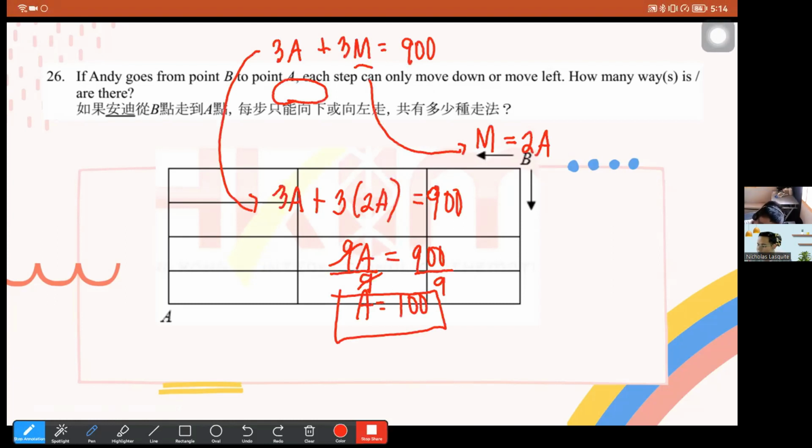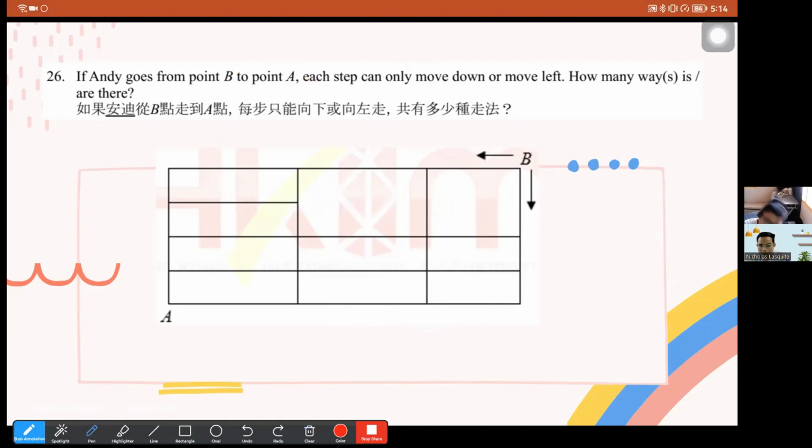So this would be simple because there can be one way here, one way, one way, and one way, one way, one way. And then to solve for this point, how many ways to go there? There is 1 plus 1 ways, which is equal to 2. And this one here is 1, and this one here is 2, because 1 plus 1 is 2.